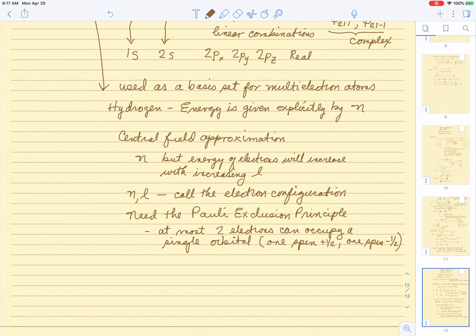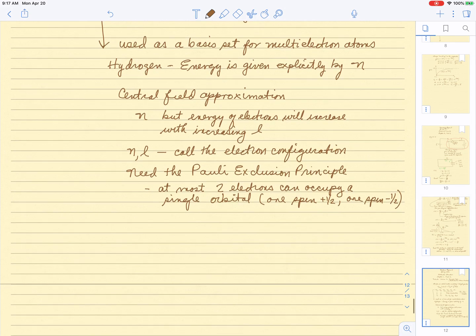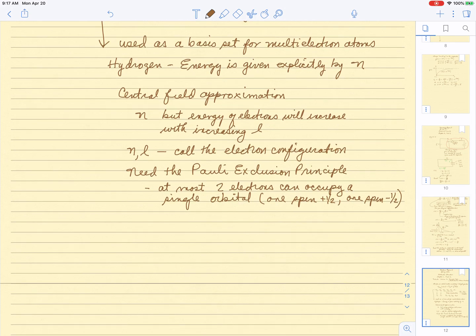So let's use these principles in order to look at some multi-electron systems. You should have up on your computer a good periodic table as we go through this discussion.